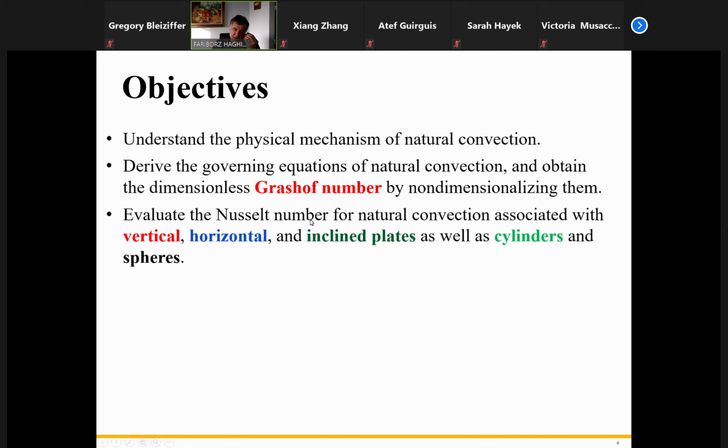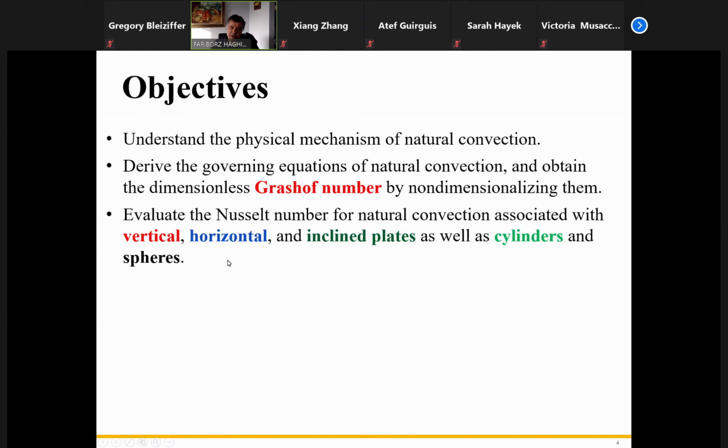Based on the Grashof number, we calculate the Nusselt number associated with a vertical wall, or horizontal, which could be a ceiling or floor. Inclined plates, like attics and roofs. And the case of a cylinder and a sphere.